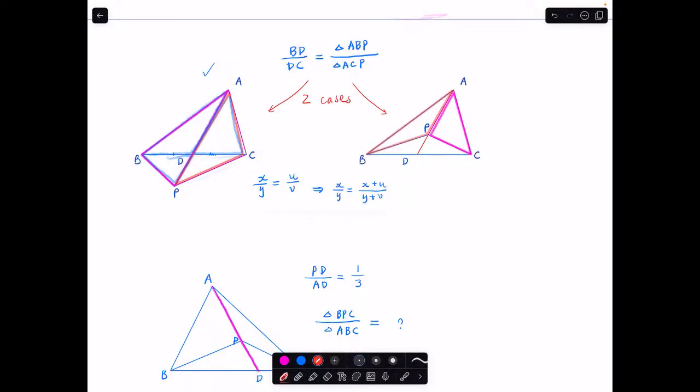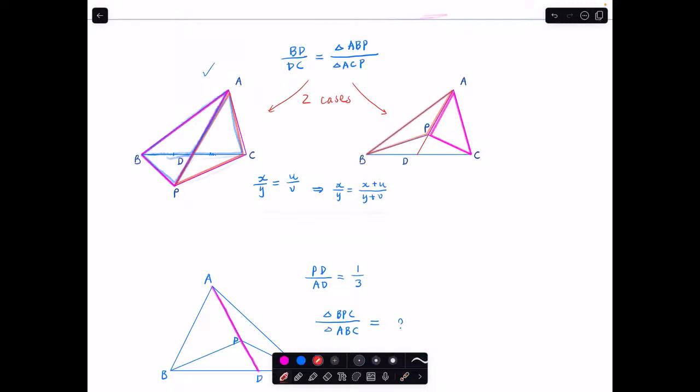I give you a hint. We're going to rely on a property of proportions. I highlighted here, if XY and UV have the same ratio, then you can just add them up in the numerator and denominator.